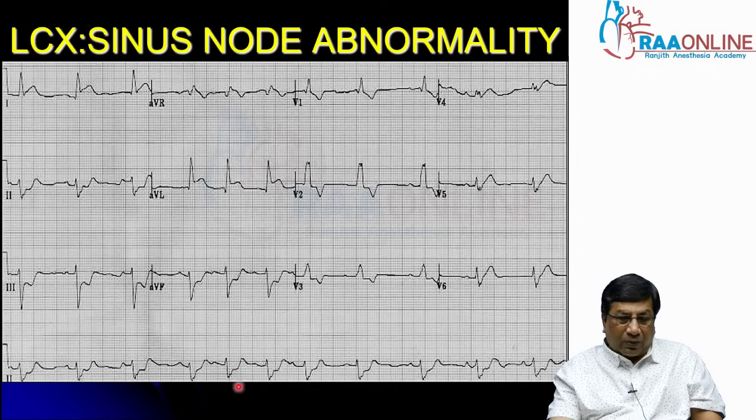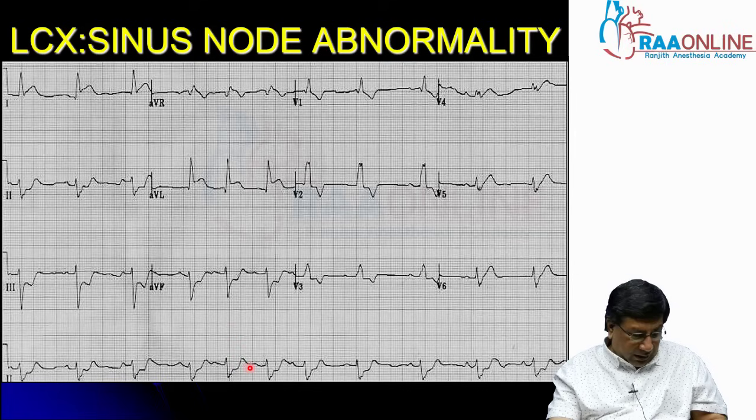If you have a sinus node problem in circumflex infarction, it tells you your sinus node artery is coming from the left circumflex. Not only that, when the sinus node artery is coming from the left circumflex, most often it is going to be a very proximal branch.